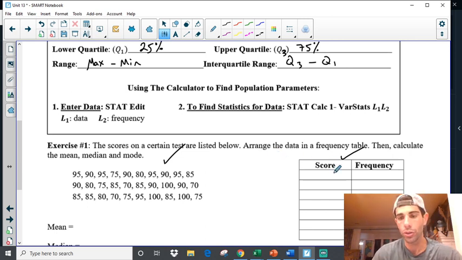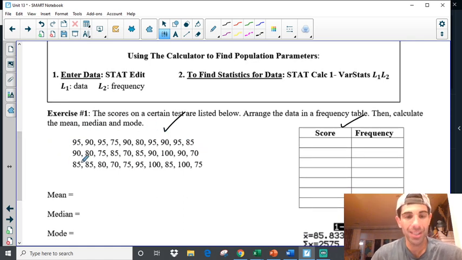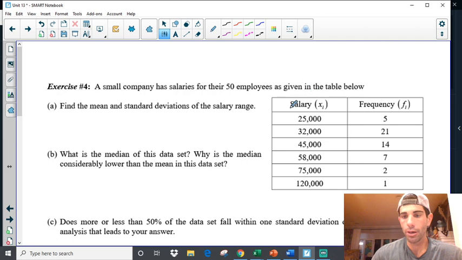When you are given the data, they might just list the data like this, or they might give you a table. If I jump to the next page, it might look something like this, where they tell you a value and how many times that value occurred.